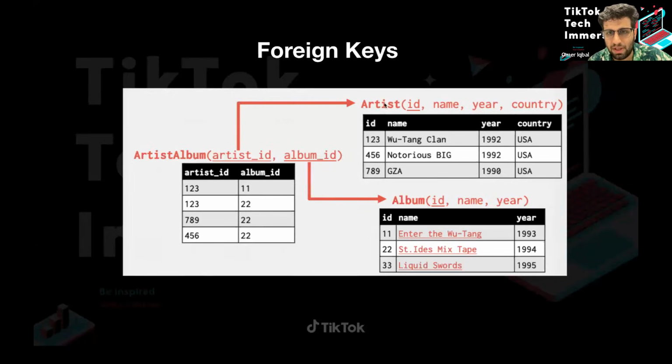In this case, for example, we have artist, album, and artist album, which gives us the relationship between an artist and an album. The relationship is many to many: one artist can have many albums. Keep that in mind, right? This table contains the relationship between these two. All right. There's a good question on explaining what I meant by the logical key.